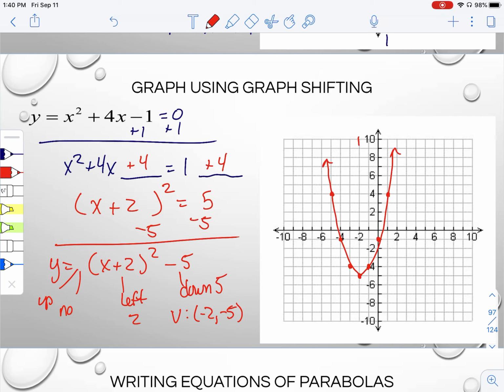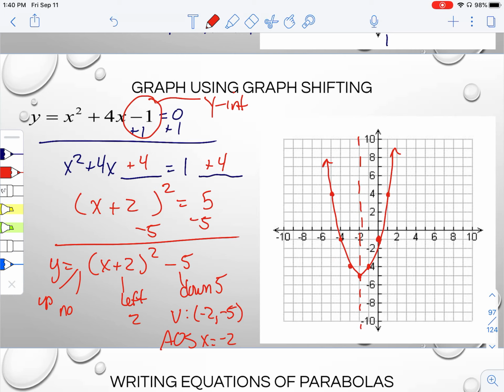And then draw our axis of symmetry at x equals negative 2. Okay, and we can see again, like we said before, there's your y-intercept. So we can always confirm our y-intercept here, negative 1.